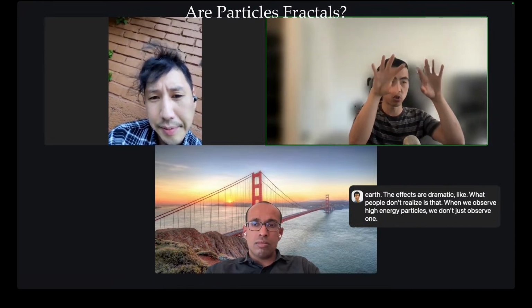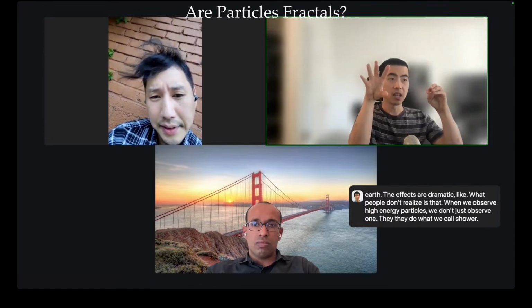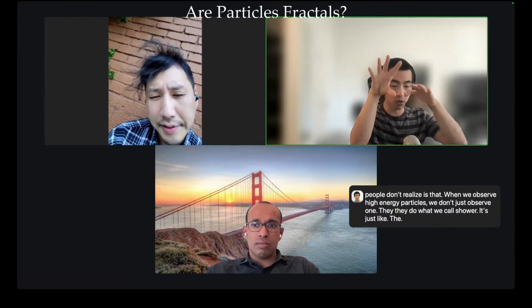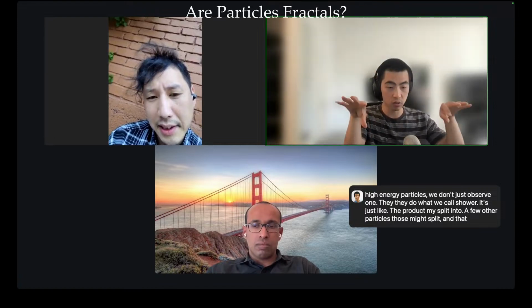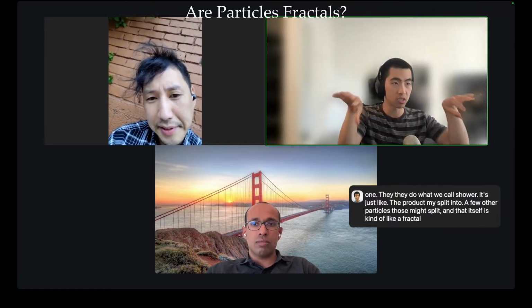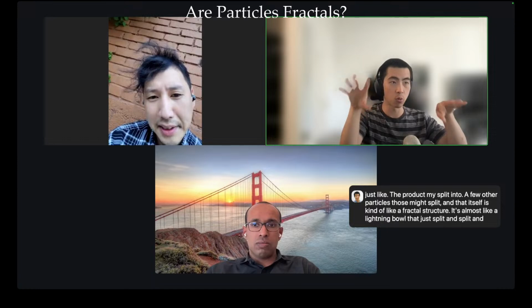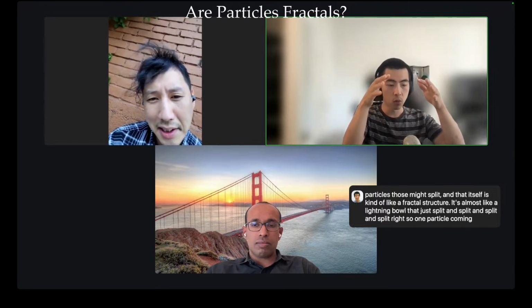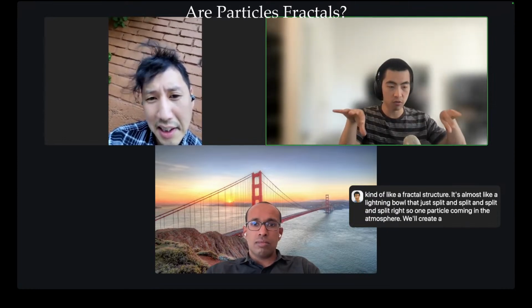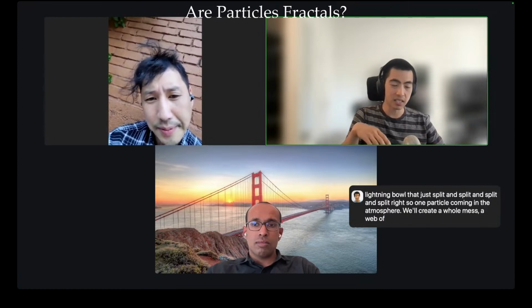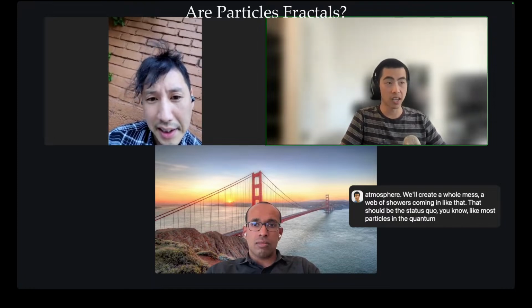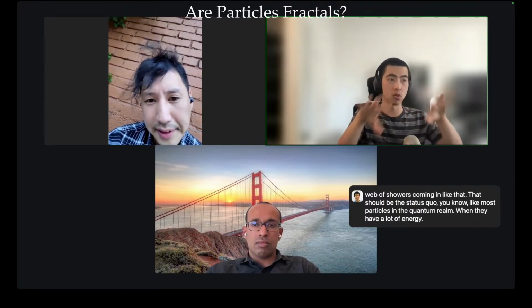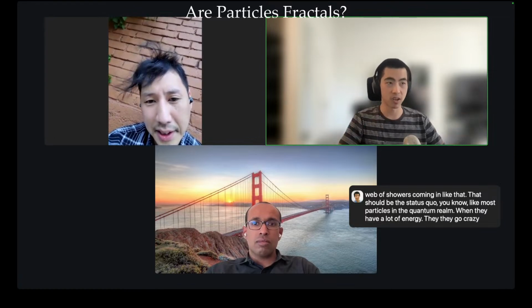They do what we call shower. The particle might split into a few other particles. Those might split, and that itself is kind of like a fractal structure. It's almost like a lightning bolt that just split and split and split, right? So one particle coming into the atmosphere will create a whole mess, a web of showers. That should be the status quo. Most particles in the quantum realm, when they have a lot of energy, just go crazy, right?